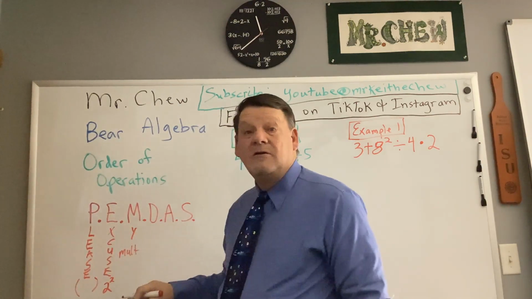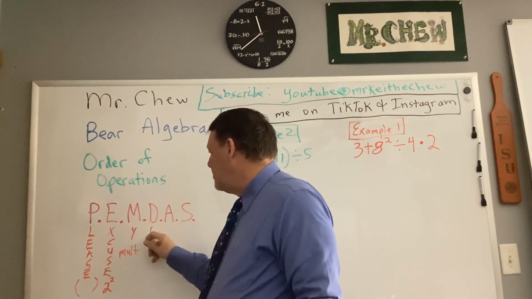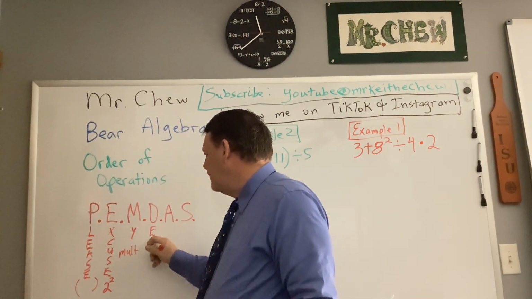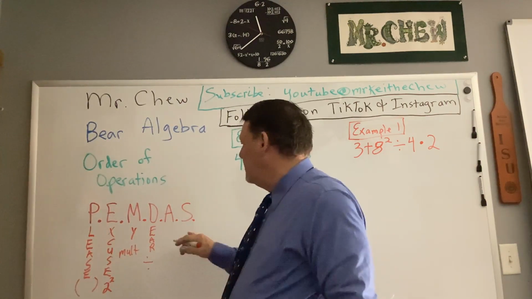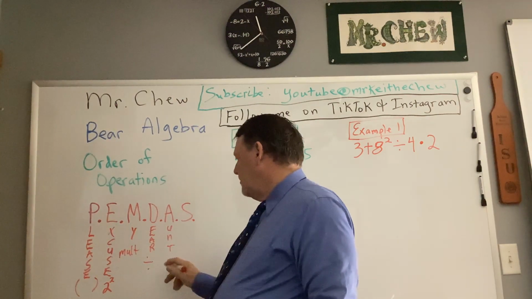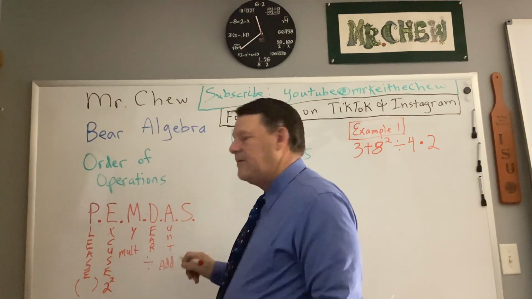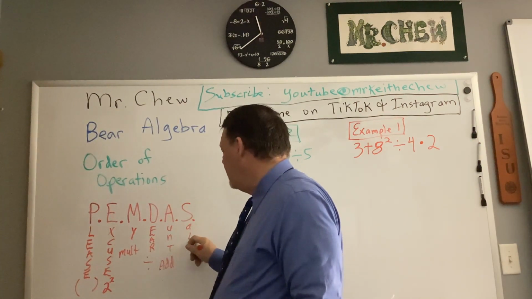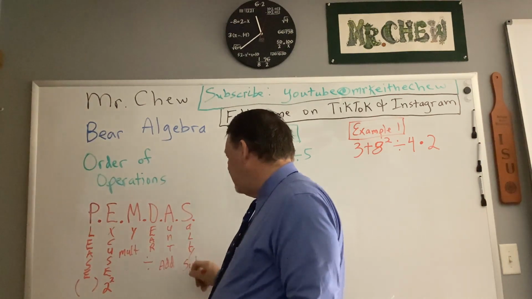And then the D stands for dear, and that would be to divide. The A stands for aunt, which means to add. And then the S stands for Sally, and that means subtract.